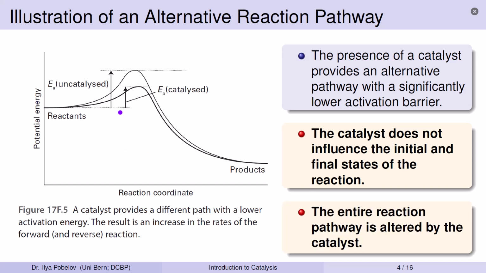The entire reaction pathway is altered by the catalyst. While these diagrams effectively show the reduction in activation energy due to the catalyst, they may not clearly illustrate that the catalyzed reaction follows an entirely different path.